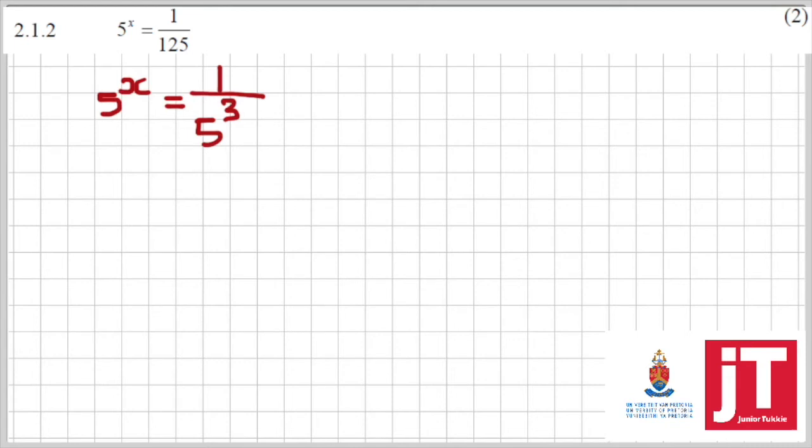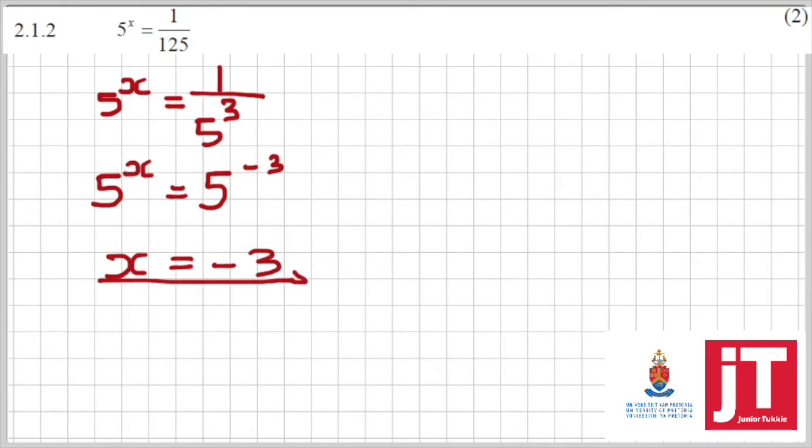We can then make both sides have the same base, expressed in base 5. We're going to get 5 to the power x is equal to 5 to the negative 3. Thereafter, we can do away with the bases whilst we equate the exponents or the powers. We're going to get our x value to be negative 3. So x is equal to negative 3.